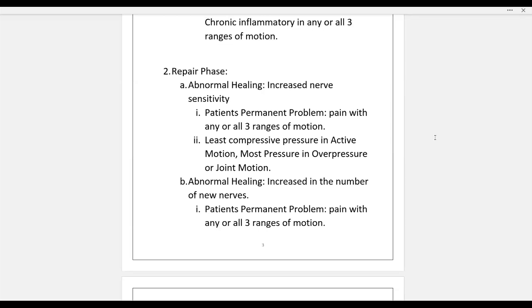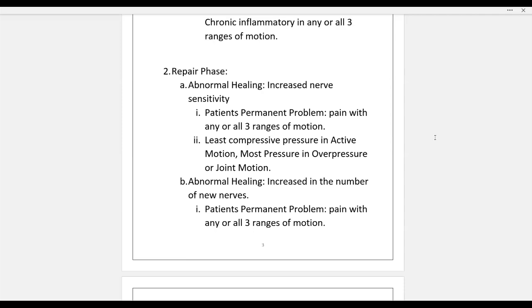Patient's permanent problem with pain. So if least compressive pressure is an active range of motion. So when there's active range of motion only, how much tensile or compressive forces in there? Tensile, not much. Now remember, we're not talking about lifting weights. Lift weights, that's a different animal.